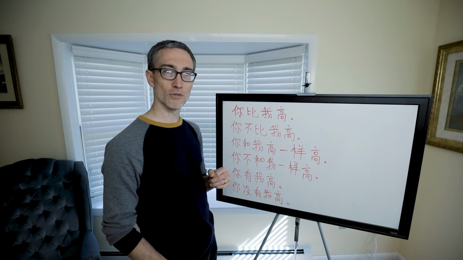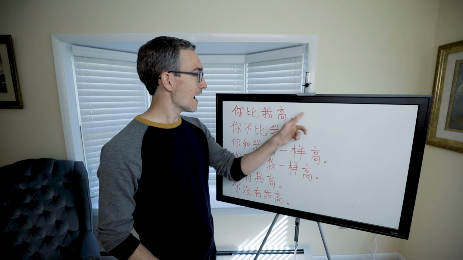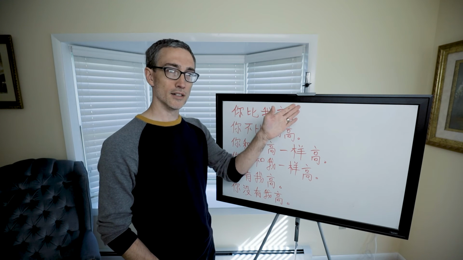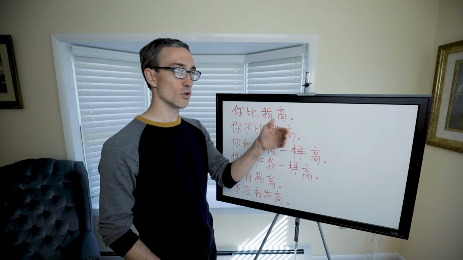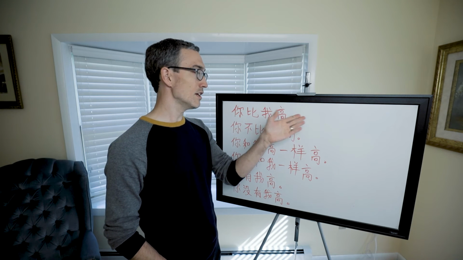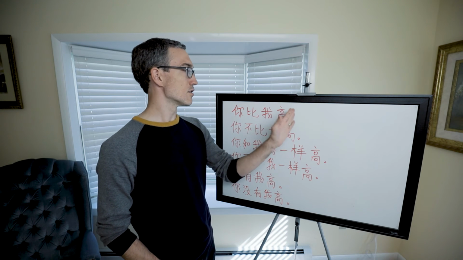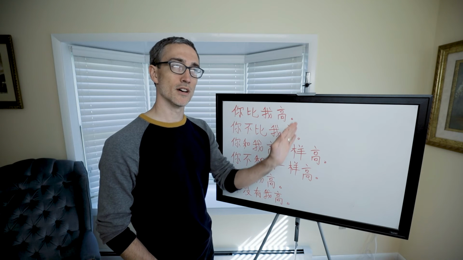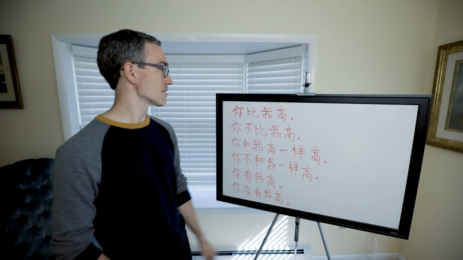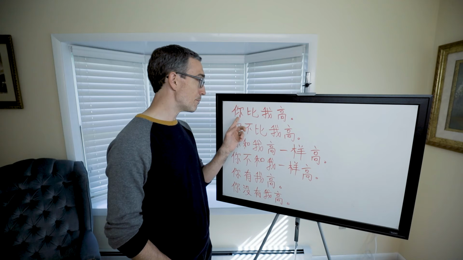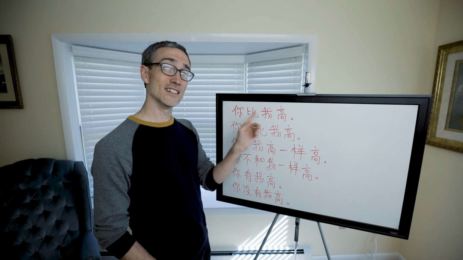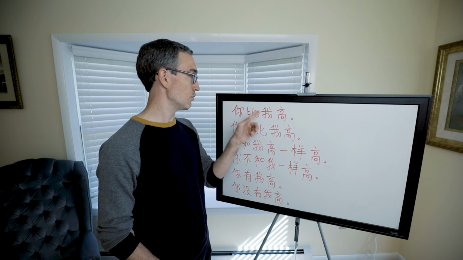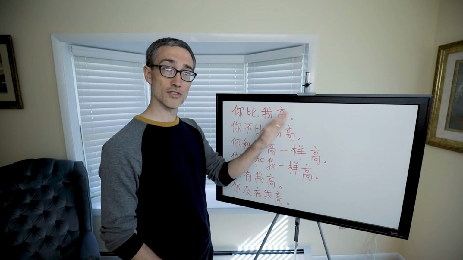Oh, 要 or 还要. Okay, and then afterwards we can put 很多, 你比我高很多, you are much taller than me. 你比我高一点, you are a little bit taller than me. There's comparative modifiers that can go on the other side. But the basic idea of the sentence is the same. 你比我高, or modifiers on either side.